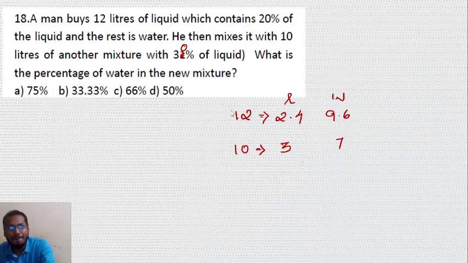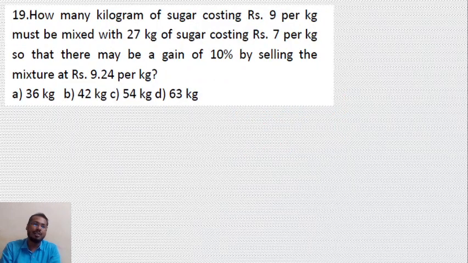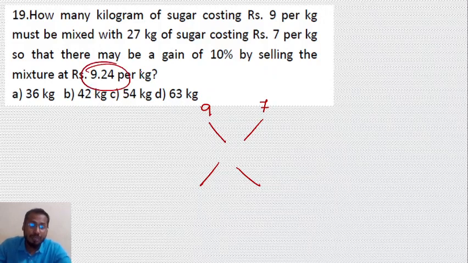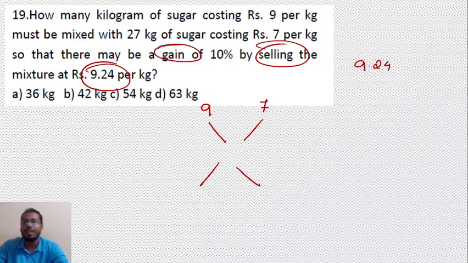Right. Next question, 19th one. This is also easy. Already I had explained. I'll tell you the mechanism how to solve it. One is 7 rupees, 9 rupees, and another one is 7 rupees. 9.24 is the selling price, and it was a gain. Already I told you that if the question has a profit as well as selling, you need to convert it into cost price.